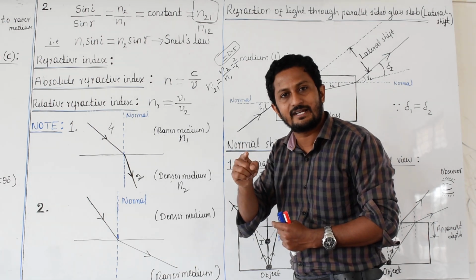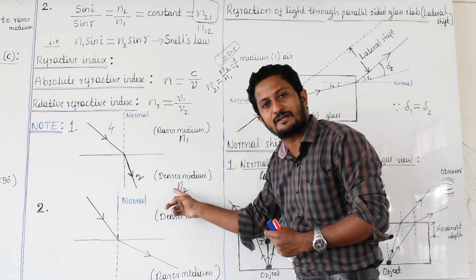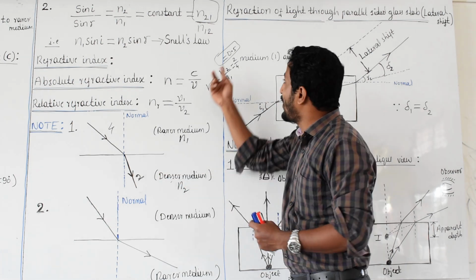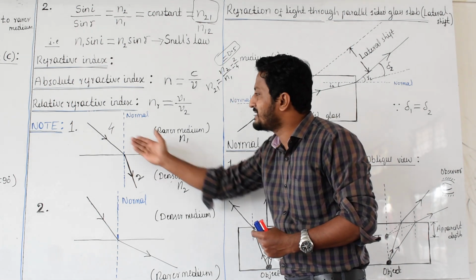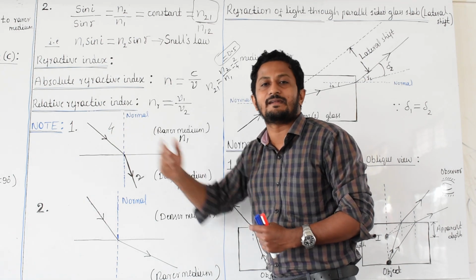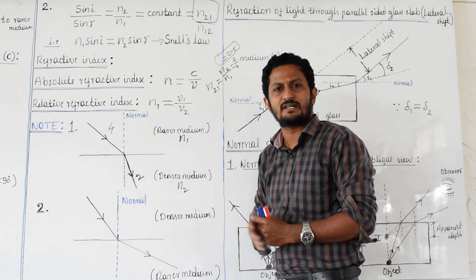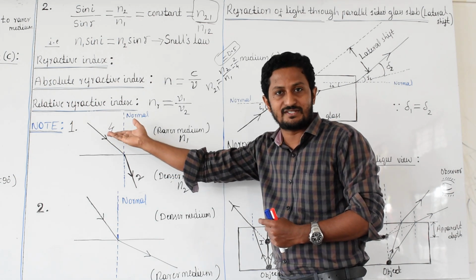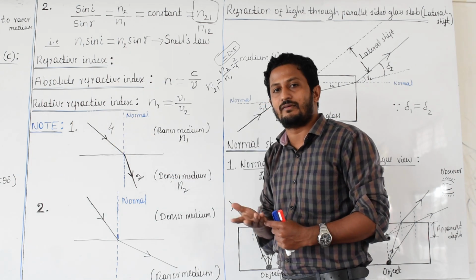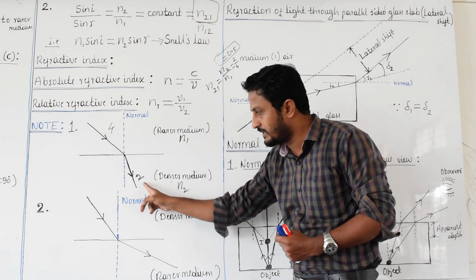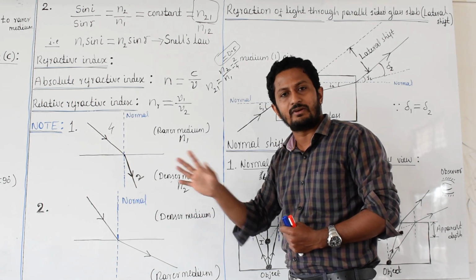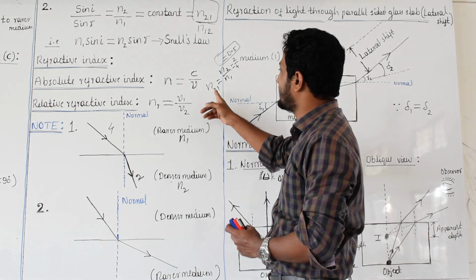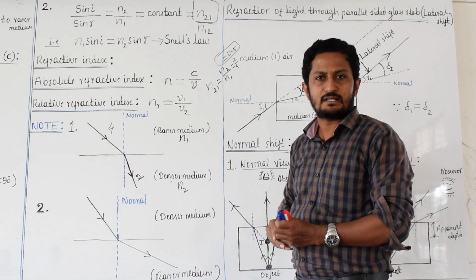The speed of light in this denser medium got decreased by 0.5 times how much it has in this rarer medium. Yes, you calculate that. 0.5 of this one, half of 4, how much? 2. Yes, that number is there. Have you understood what I mean to say? Just go with n21.